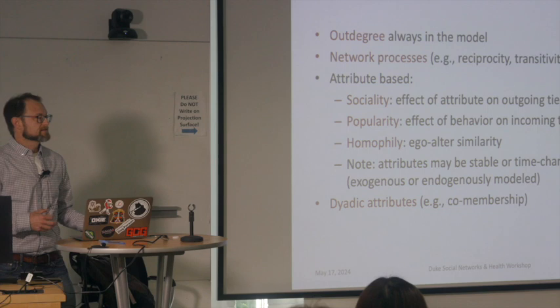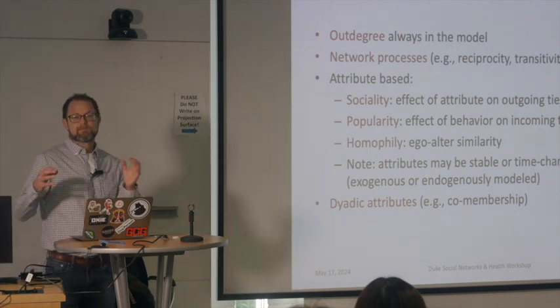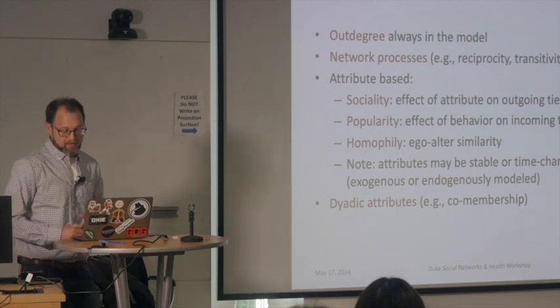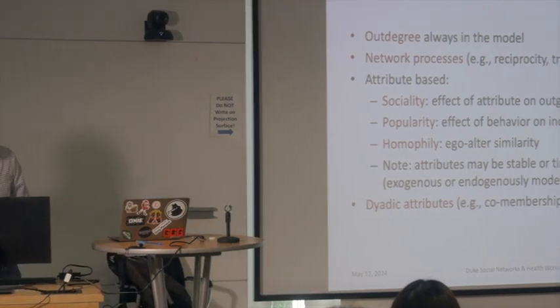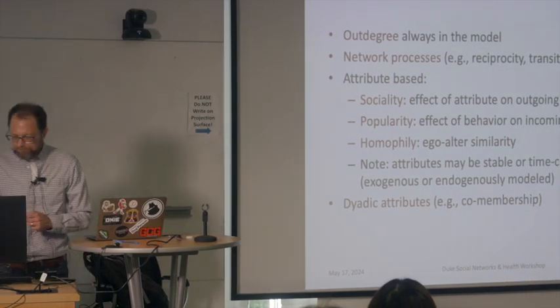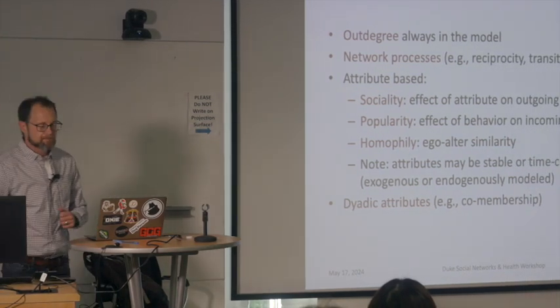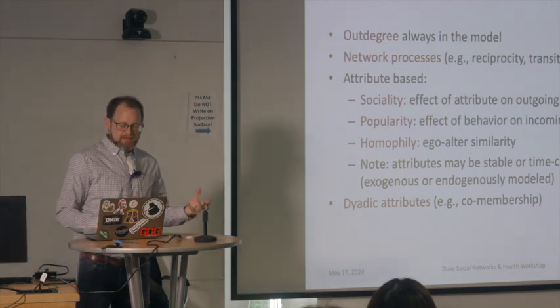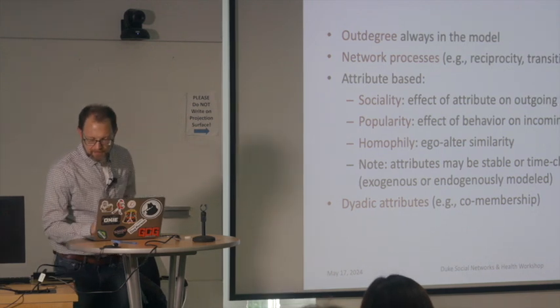With students, it's being in the same classes or being in the same clubs. Those are really important for understanding how networks form. Okay, so that's the network side of the model.